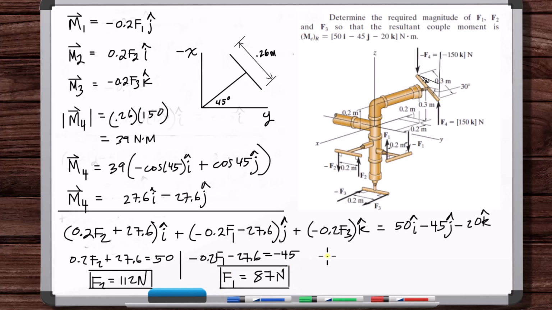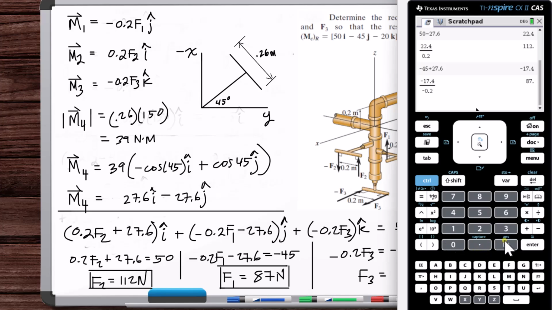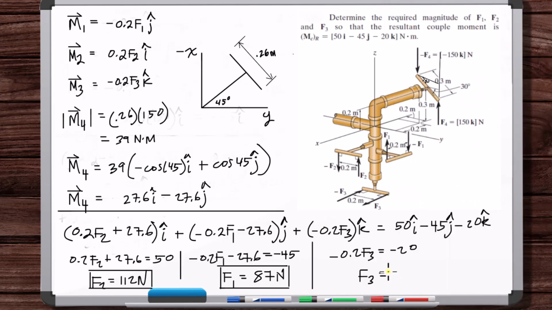Now minus 0.2 F3 is equal to minus 20, so F3 is 100 newtons. There we go.